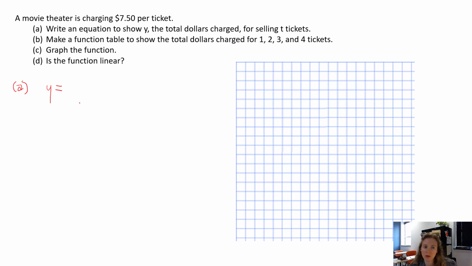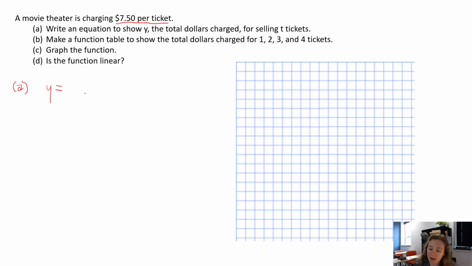Let's say you were going to the movie theater with your family maybe. It is $7.50 per ticket. How would you calculate the total dollars you're going to have to pay for however many tickets you're buying? Maybe you're buying 2 tickets, maybe you're buying 5 tickets.